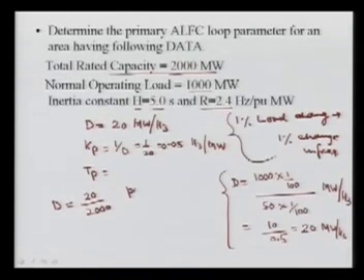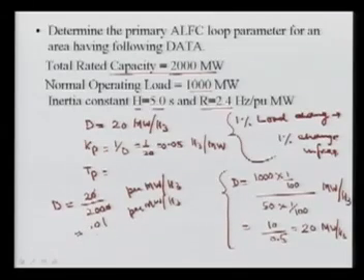Now we are getting per unit megawatt divided by hertz, or we are getting this, here it is cancelled, we are getting 0.01 per unit megawatt per hertz.